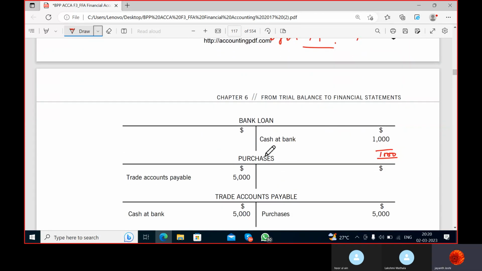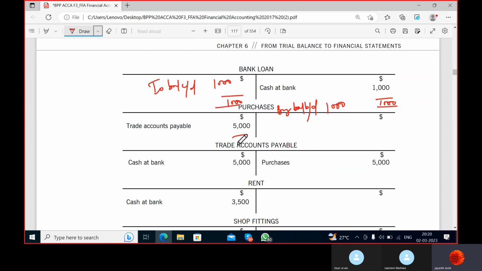Same thing goes here. 1,000. Balance carried down 1,000. Next again payables 5,000. No balance in the credit side, but debit total should be equal to credit total in the trial balance also. So that will be the case which will be showing.